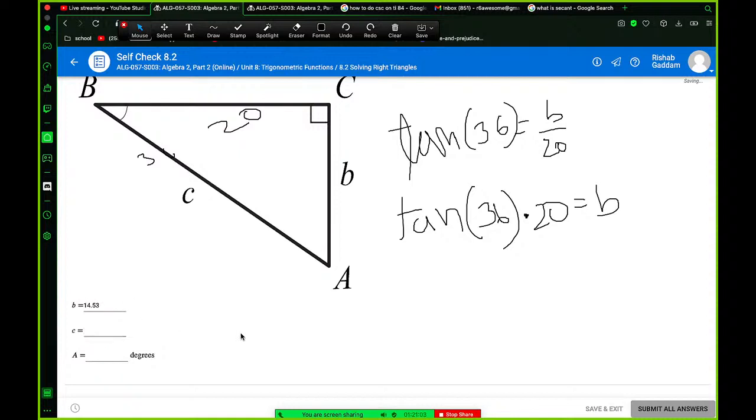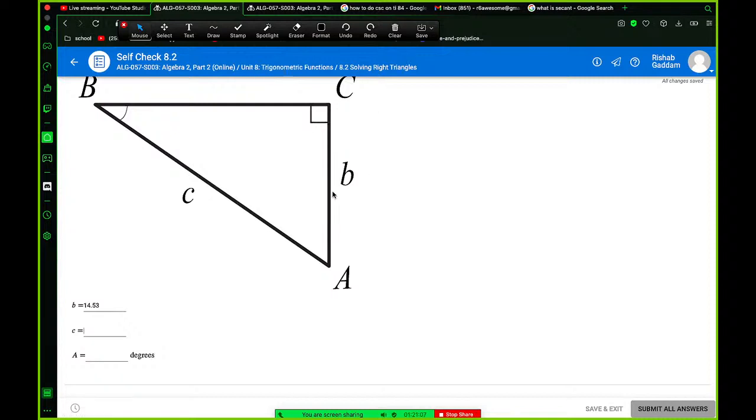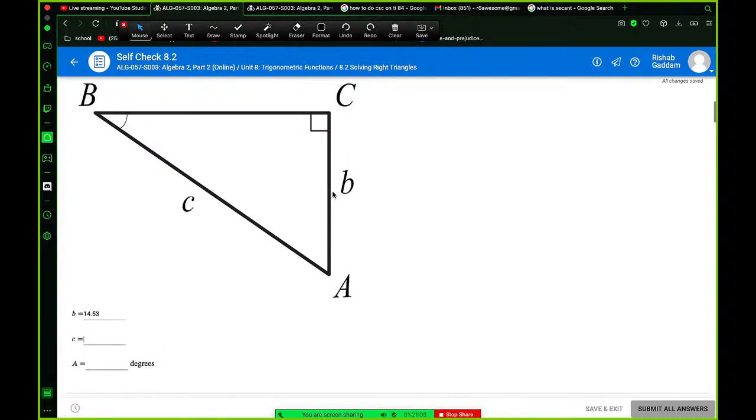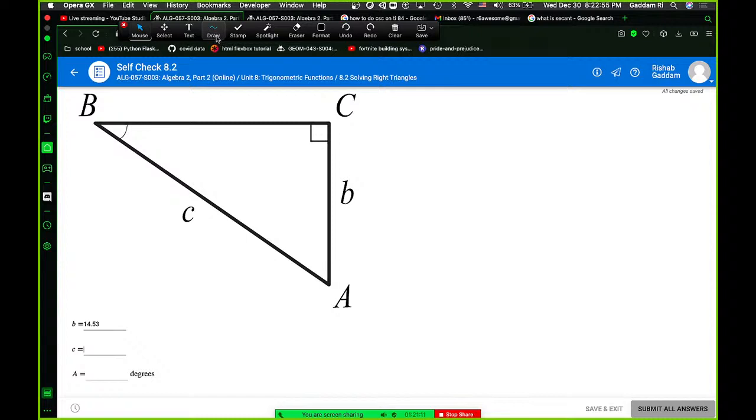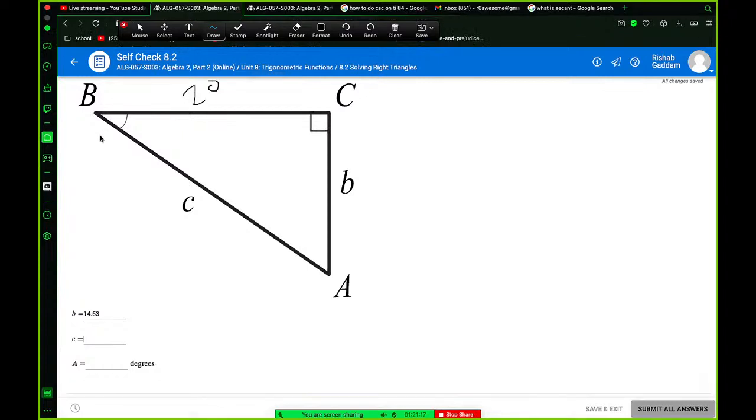So can you find side C? So we can just do that. It's 20 squared, so it's 400, plus 14.53 squared.